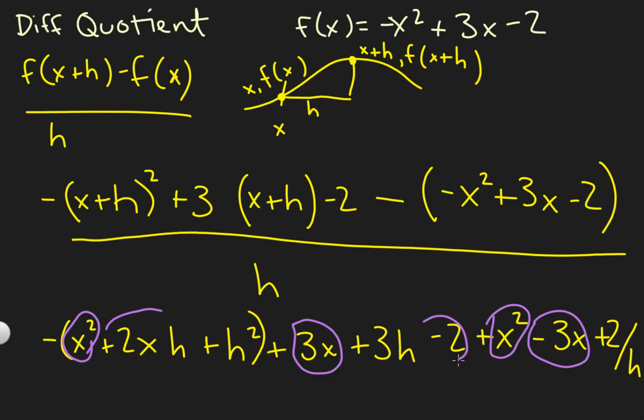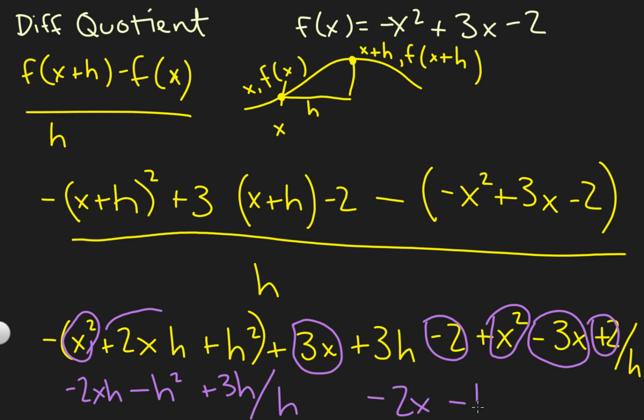I've got a negative 2 and a positive 2. So everything that's left is a negative 2xh minus h squared plus 3h divided by h, which gives me negative 2x minus h plus 3.